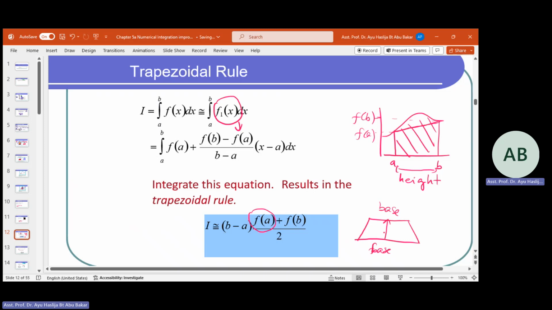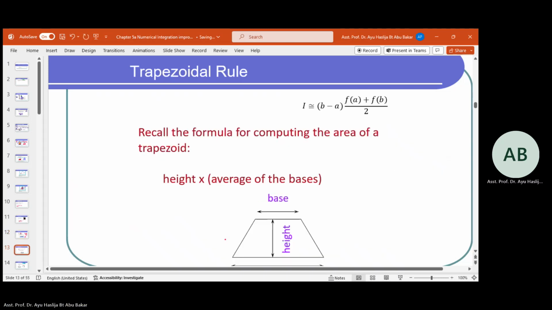Then you have the height. Height multiplied by the average of the bases. This is the trapezoid equation, the area of a trapezoid. That's how this equation comes in.